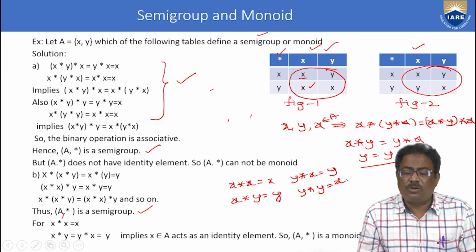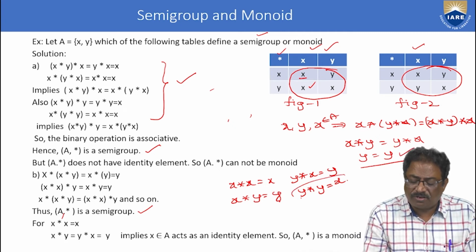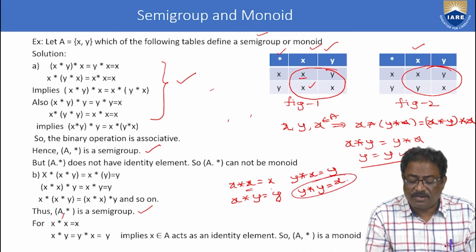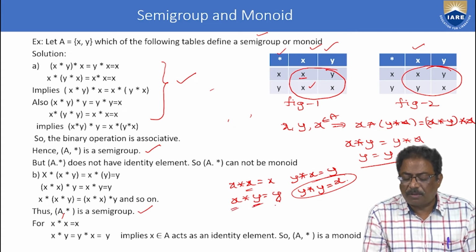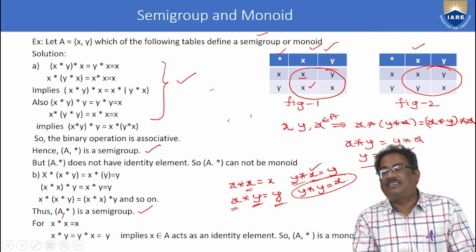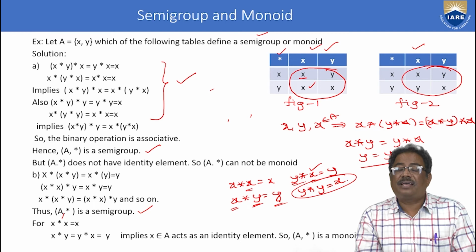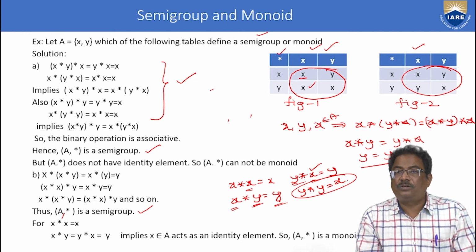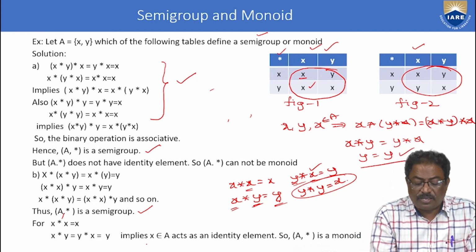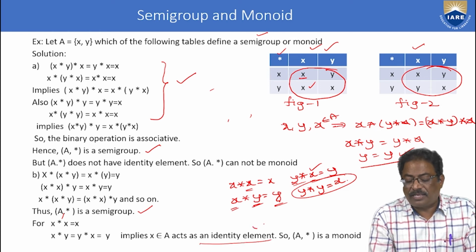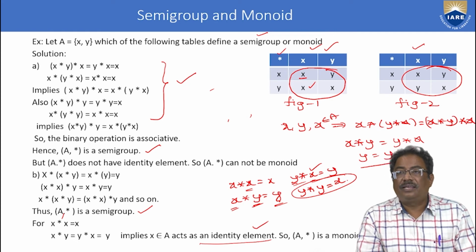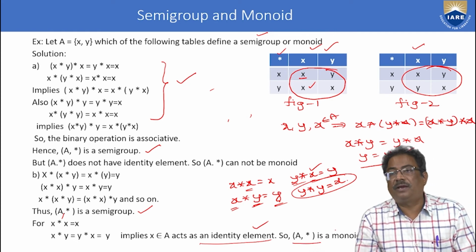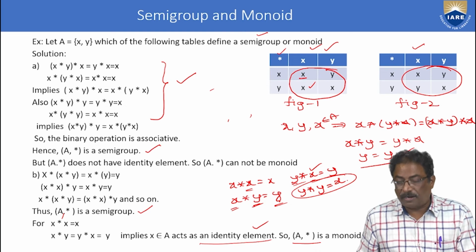So wherever x is there, we get the same elements back. X star y gives y, and y star x gives y. So here x acts as an identity element, where x belongs to A. So in this case, we can say that the given set together with the binary operation star is a monoid.